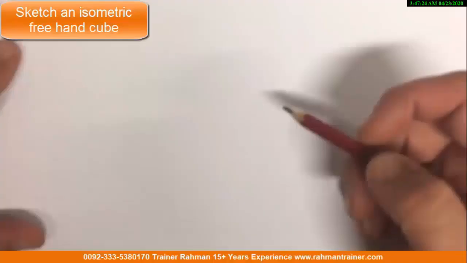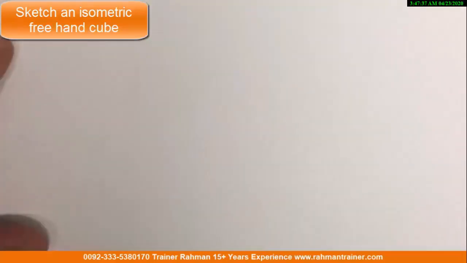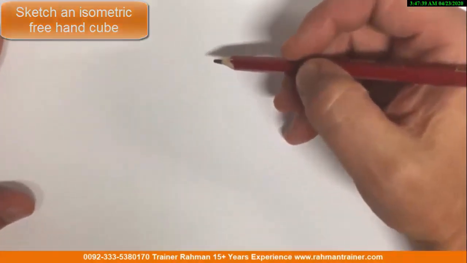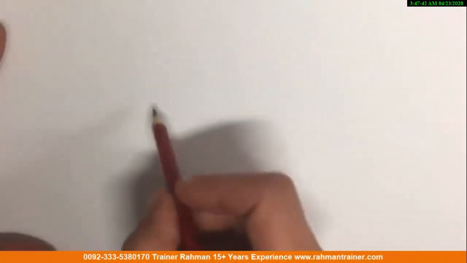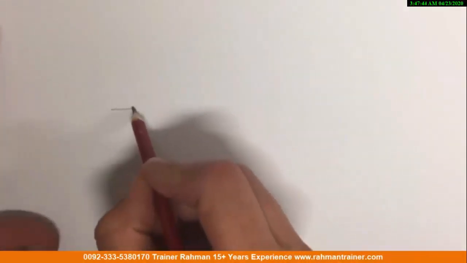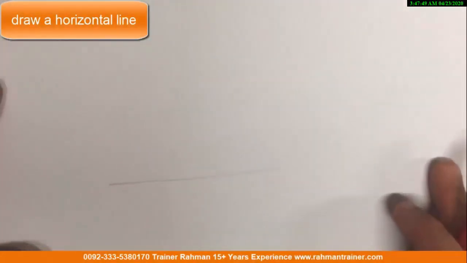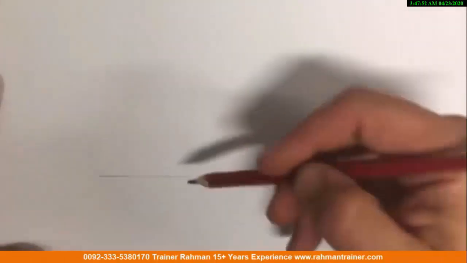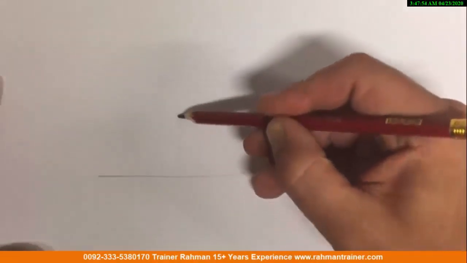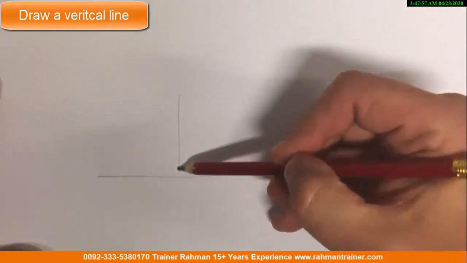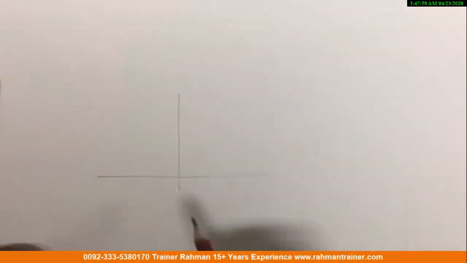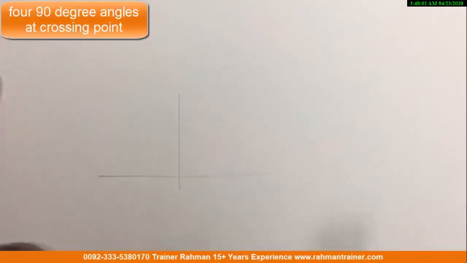southeast direction is opposite. Now you will know how to sketch an isometric cube in a free hand, means without using a ruler. Let's start. What you will do, you will draw a horizontal line. Then you will draw a cross sectional line, which is a vertical line, and you will make 4 90 degree angles.